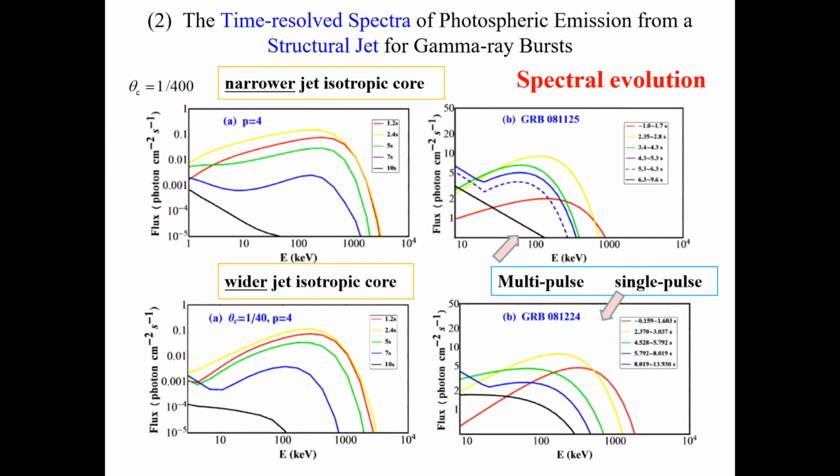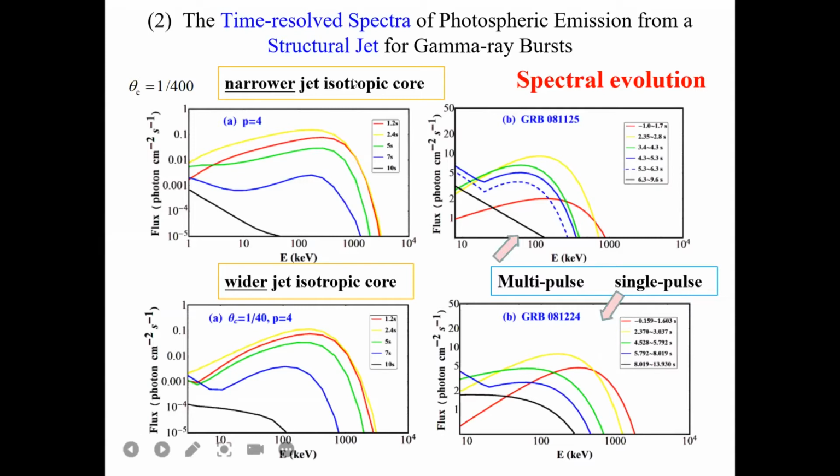And in this next work, we talk about the time-resolved spectrum. We find that using this model, the theoretically predicted spectrum evolution is quite consistent with the observations. We find that there may be two cases.